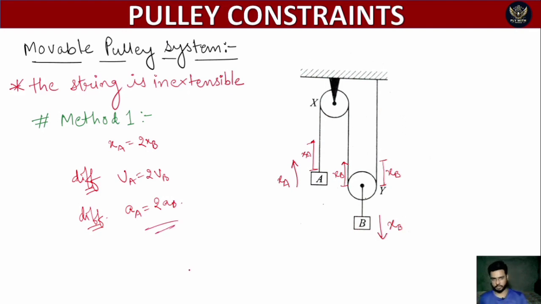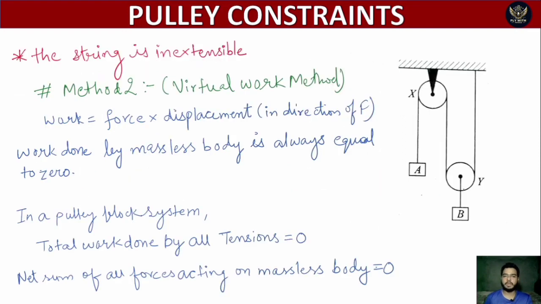So this is a traditional method. Actually this method seems easy in this type of case. But in complex cases, this method is not very useful, because you have to remember which one is extended by how much and all that. But the second method is very easy.